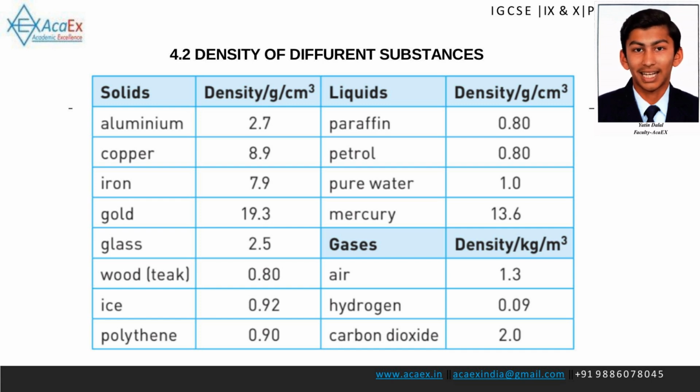For liquids, in grams per cubic centimeter: paraffin 0.80, petrol 0.80, pure water 1.0, mercury 13.6. For gases, in kilograms per cubic meter: air 1.3, hydrogen 0.09, carbon dioxide 2.0.